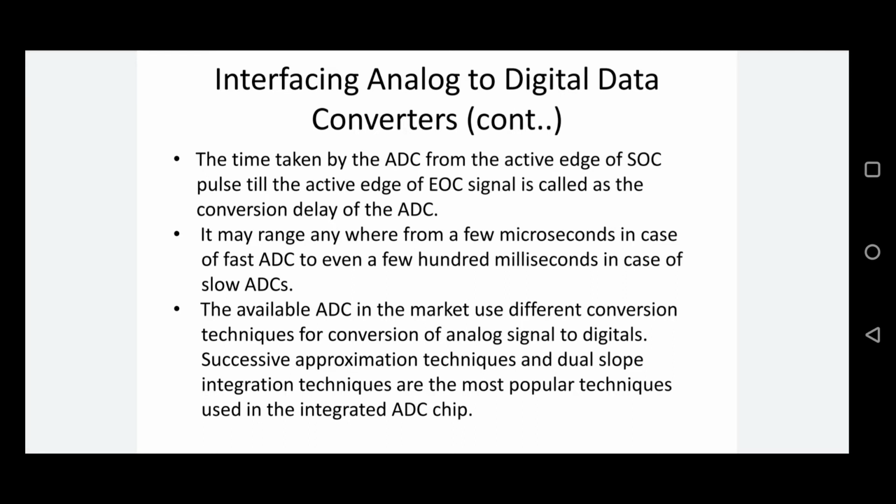That conversion time is in terms of a few microseconds. For example, a fast analog to digital converter will convert the data in a few microseconds, but a slow ADC converts the data in a few hundred milliseconds.